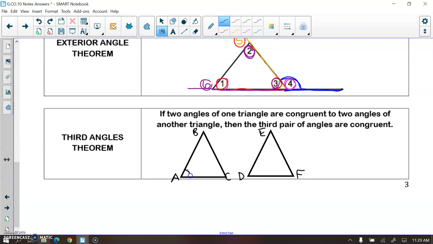And if I had that angle A was congruent to angle D and angle B was congruent to angle E, I can conclude that angle C is congruent to angle F by the Third Angles Theorem.